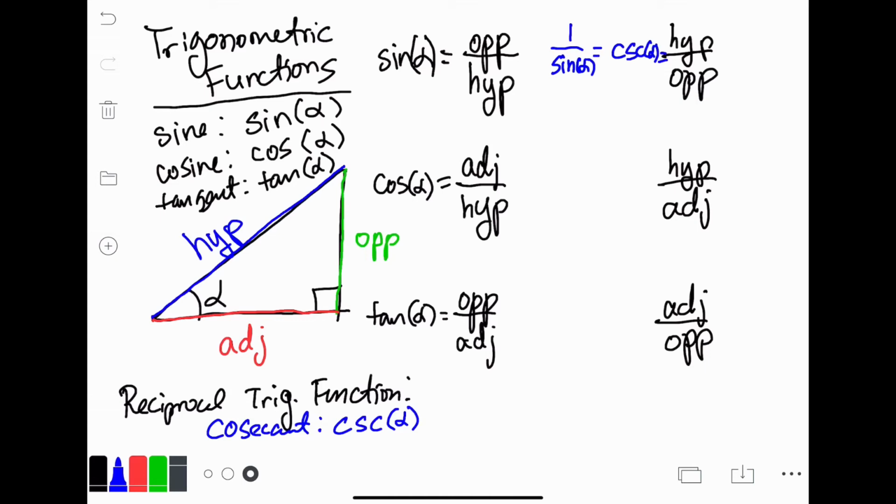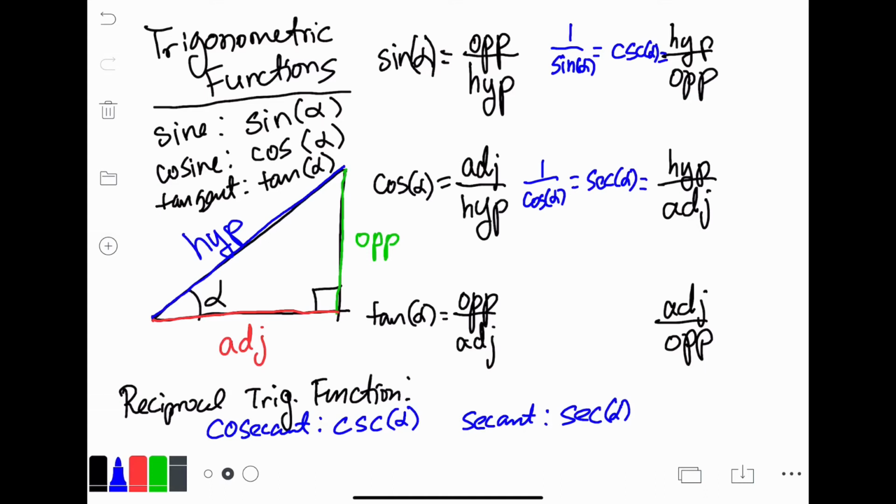Now, the reciprocal of cosine, 1 over cosine alpha, this also has a trig function reserved for it, and that is called secant. And the way that you write this function is SEC alpha. Again, I'm putting the alpha here because you're plugging in alpha into the trig function. So secant alpha is just the reciprocal of cosine.